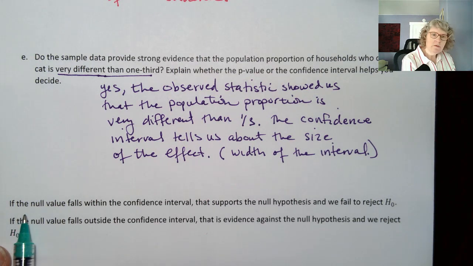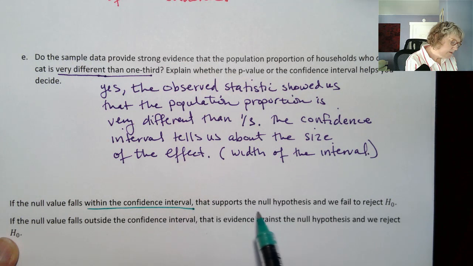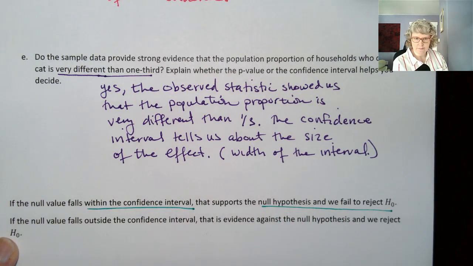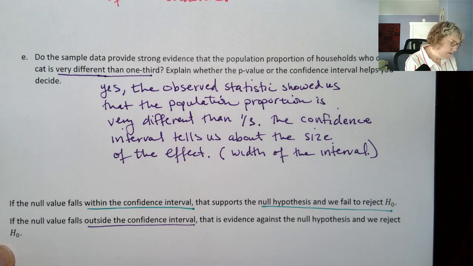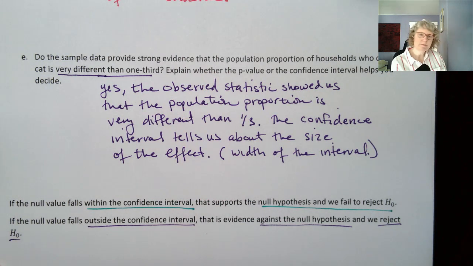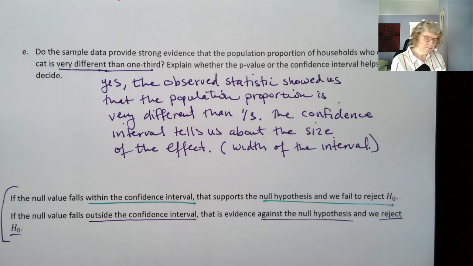So if the null value falls within the confidence interval, that supports the null, and we fail to reject the null, okay? If the null value is outside the confidence interval, that's evidence against the null, and we reject the null. Okay, so use this as you're practicing.